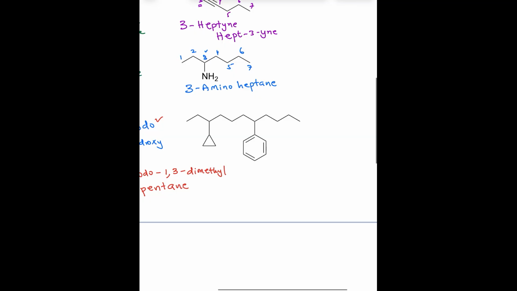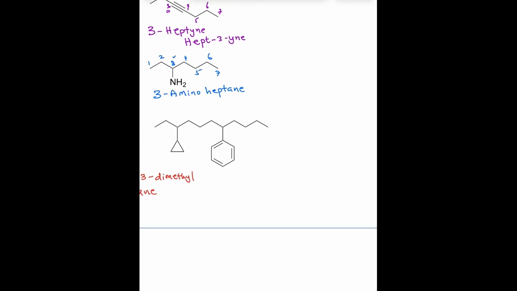The last structure has several cyclic groups. So we'll see that the best way is to label the straight chain, which is the longest, and that becomes the parent chain. So 1, 2, 3, 4, 5, 6, 7, 8, 9, 10, and 11. So it has 11, and anytime you have a long chain like that, write a parent name for that.